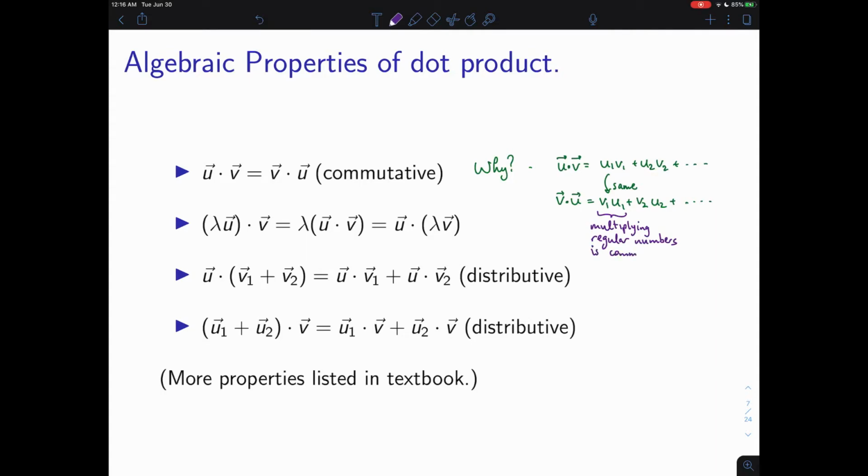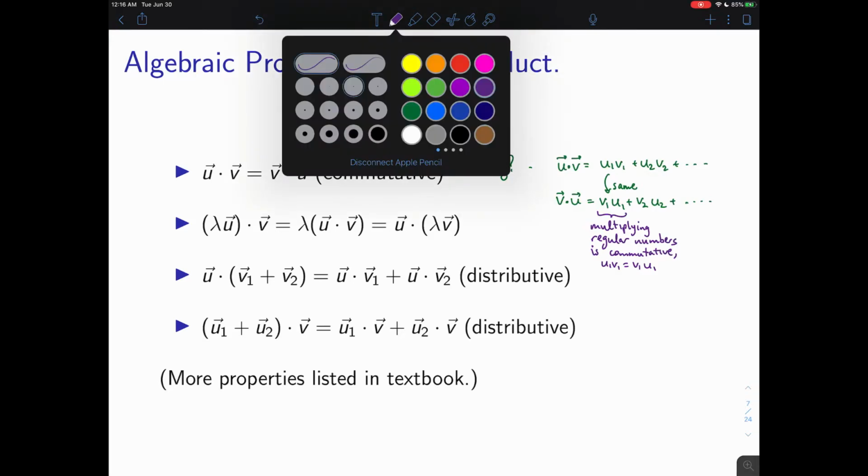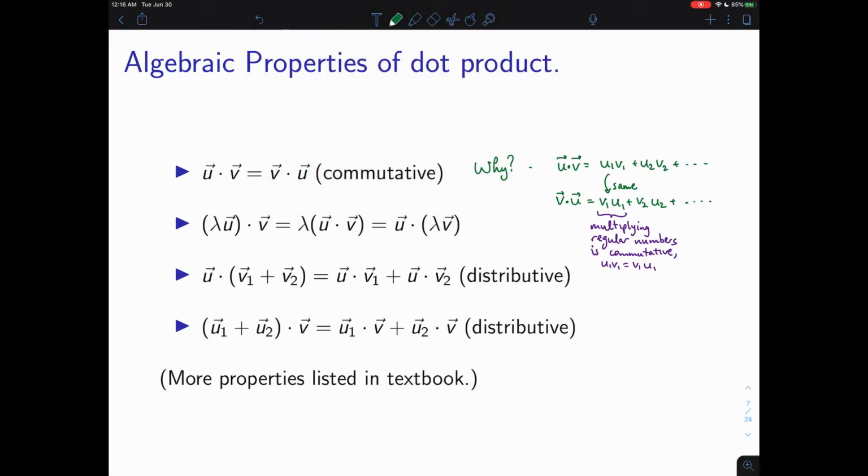Multiplying regular numbers is commutative. And now look at the next term. Those are the same, and it's for the same reason.